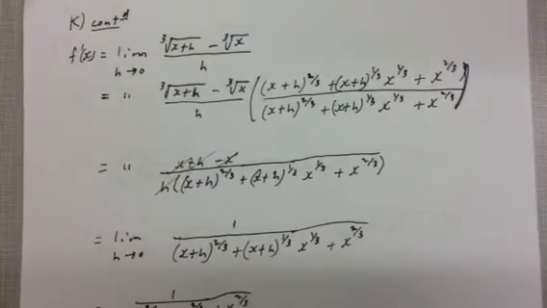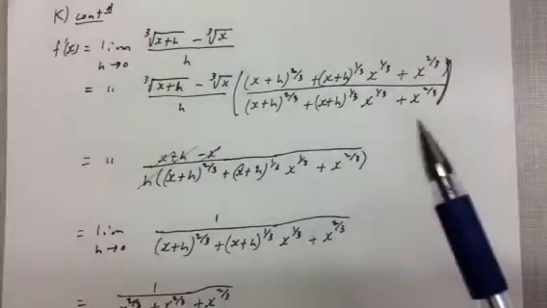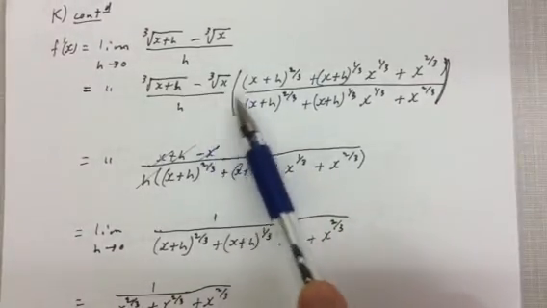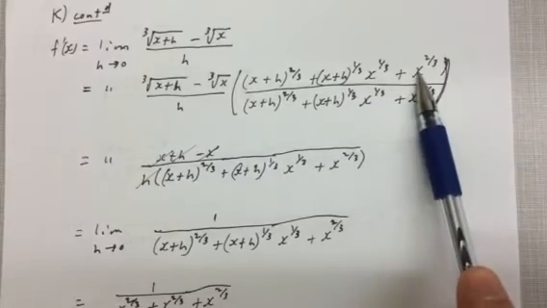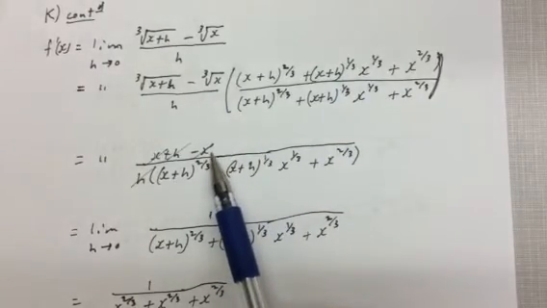And this is the process for finding the derivative of cube root of x from first principles. Okay, so this is what you get. Then you have to multiply it by something so that you end up with this nice expression on the top.